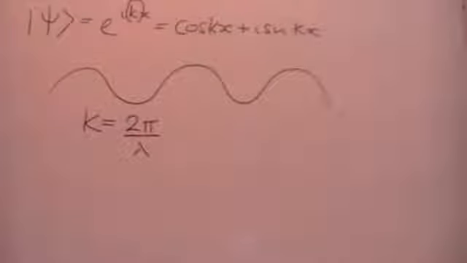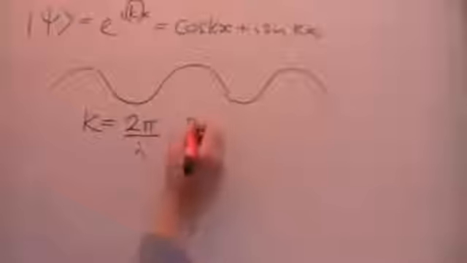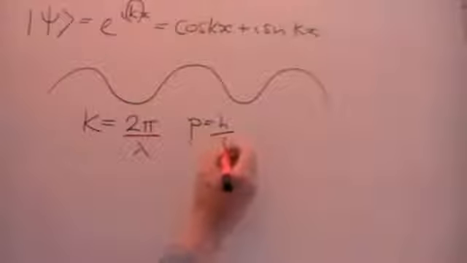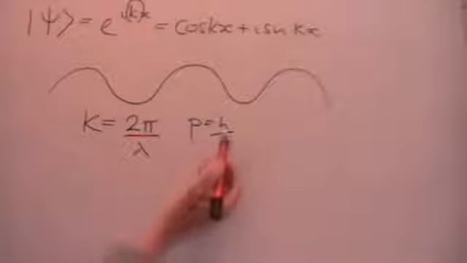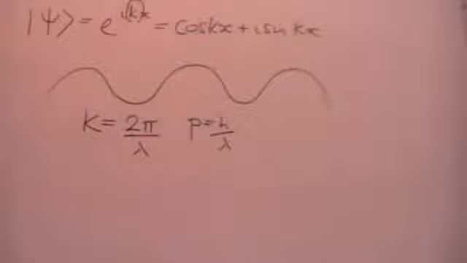I draw your attention also to what I've called the de Broglie formula, p equals h over lambda. It strictly ought to be called, I suppose, the Einstein formula, because it was Einstein who said that if you're talking about photons, the momentum of a photon is equal to Planck's constant divided by the wavelength of the light.